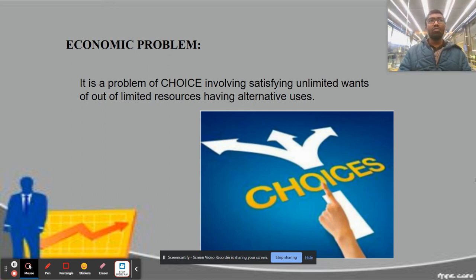For example, there is a population of 100 people, but they are producing agriculture only enough for 50 people. So here comes the problem of economy, because there are 100 people but only 50 people's food. They don't have enough resources to manage the population. So this is the disturbance in the economy. Then we say the economy is going down.